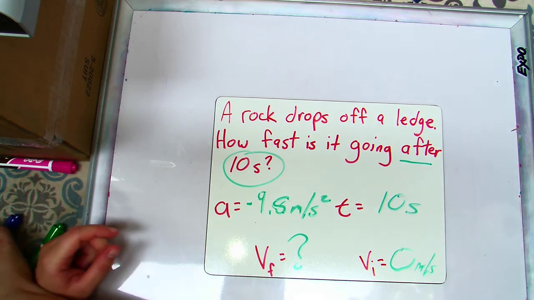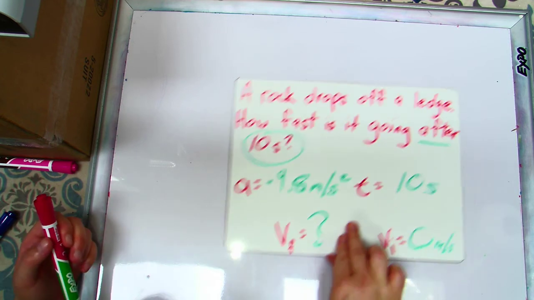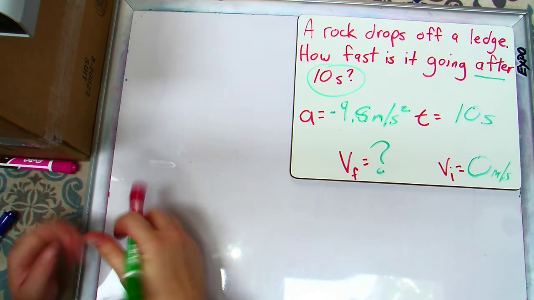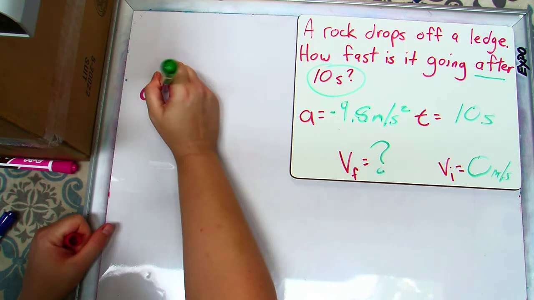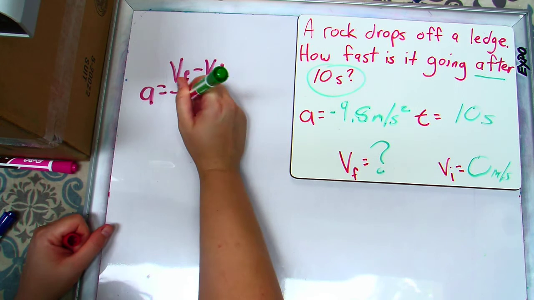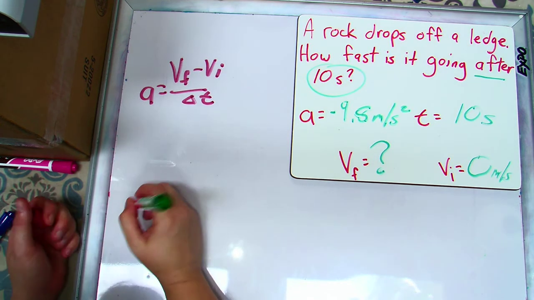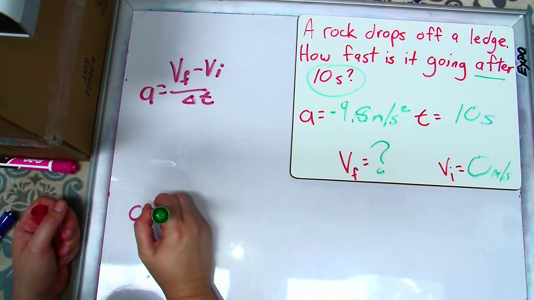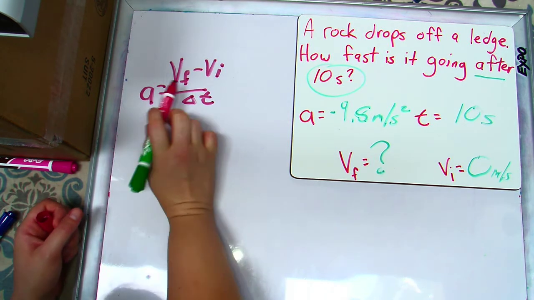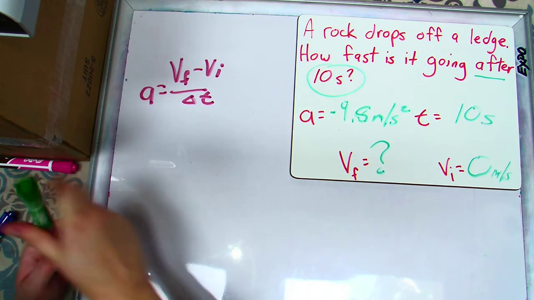All righty, so let's go ahead and get solving, shall we? I'll put our problem up here. We know from our equations, acceleration equals Vf minus Vi over delta t. Before I plug it in, we're looking for Vf, so I'm going to rearrange this first to get that by itself.